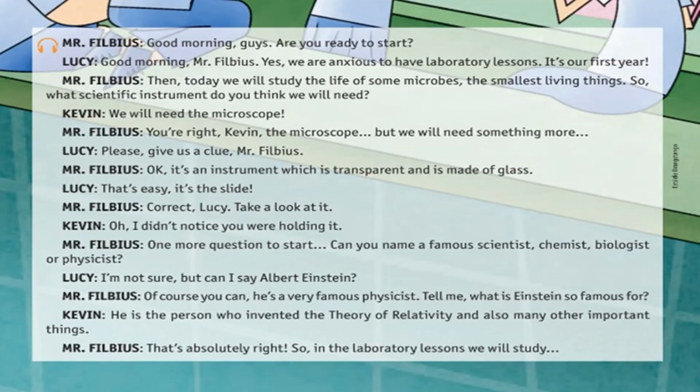Tell me, what is Einstein so famous for? He is the person who invented the theory of relativity and also many other important things. That's absolutely right. So, in the laboratory lessons we will study, and then Mr. Philbos continues with the lesson.